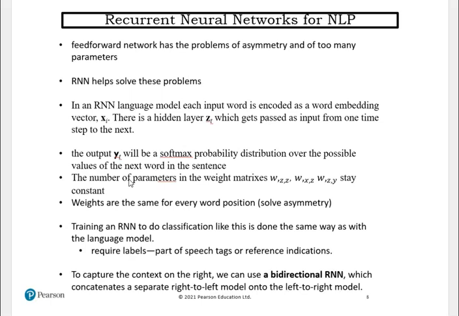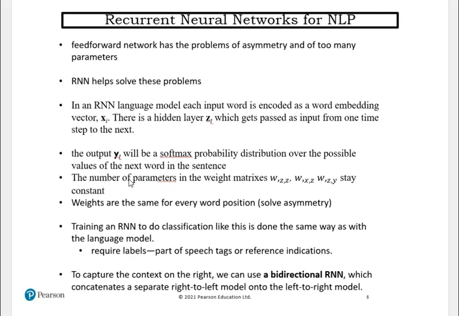Because if you remember when we introduced recurrent neural networks, we used them to process time series data, one data point at a time. So if we use them in processing language, we're just going to use them one word at a time. Same idea, but instead of time steps, it's word by word.